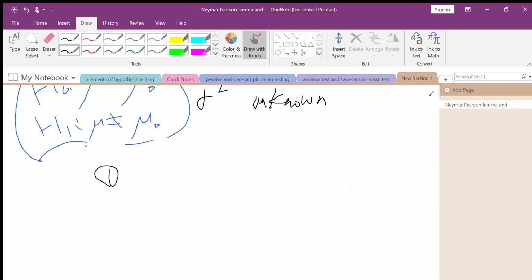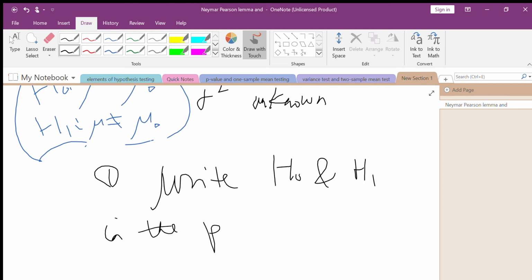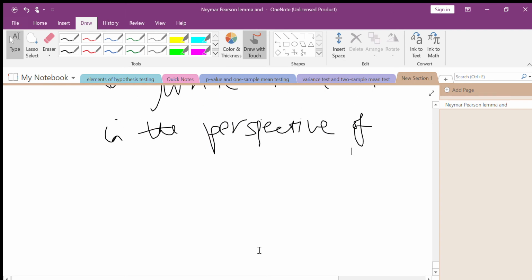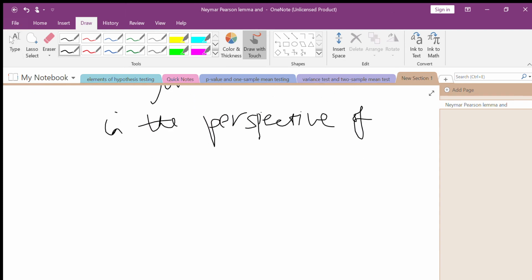First step, write H null and H1 in the perspective of parameter space.